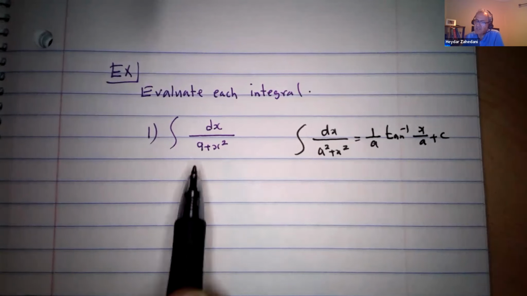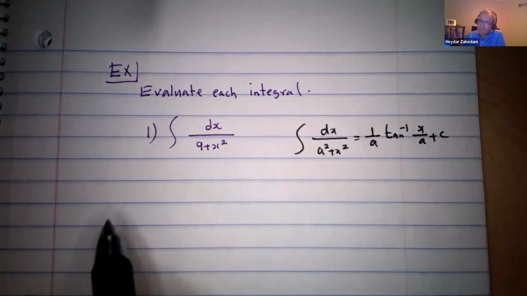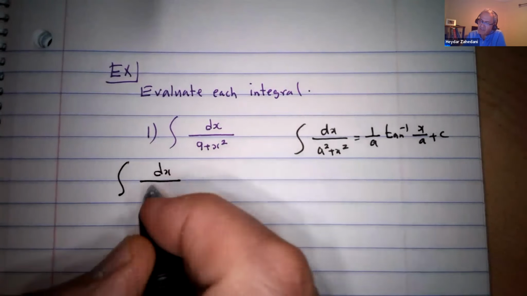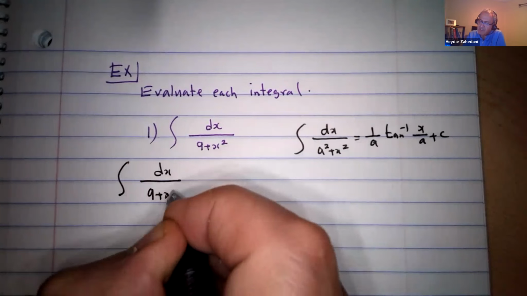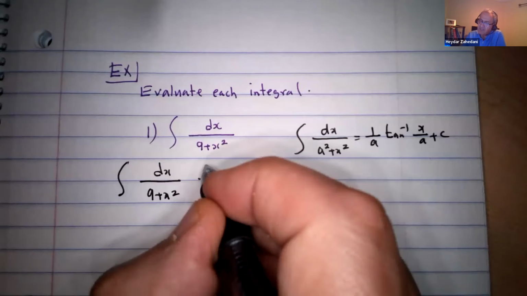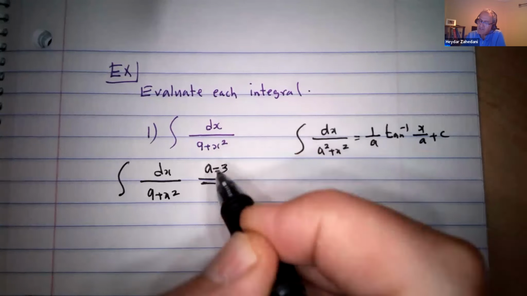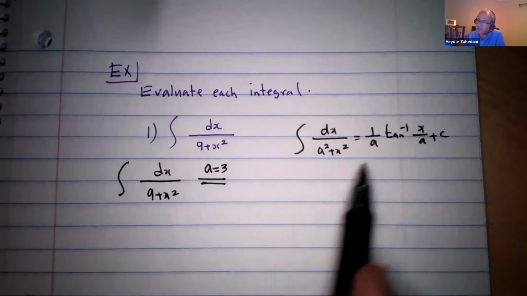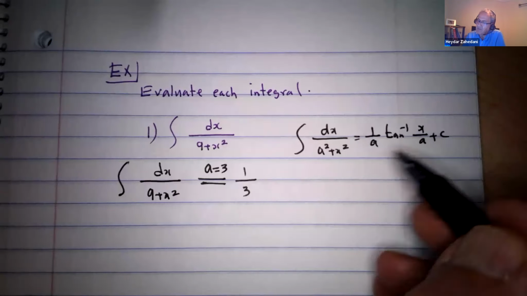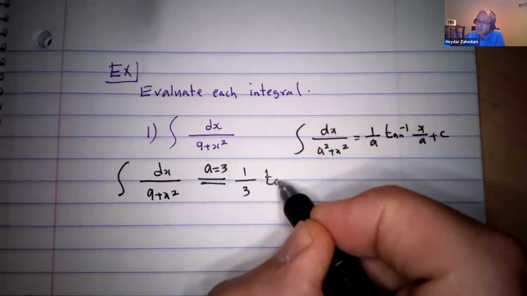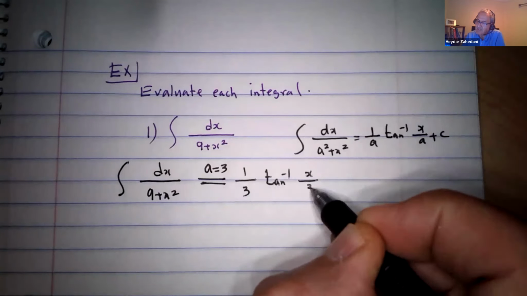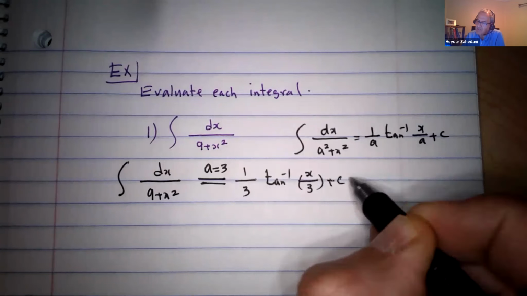So your a squared is 9, and remind yourself that a is 3, because a squared is 9. So 1 over a is going to be 1/3. 1/3 tan inverse of what? x over a, x over 3, plus the constant c, and you're done.